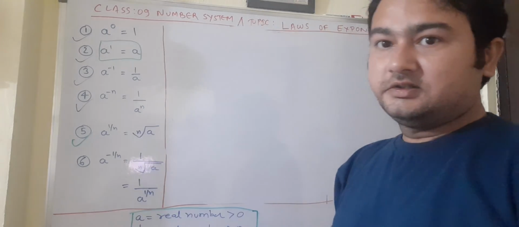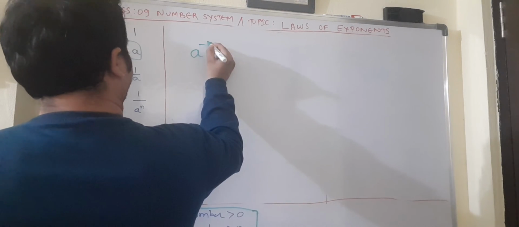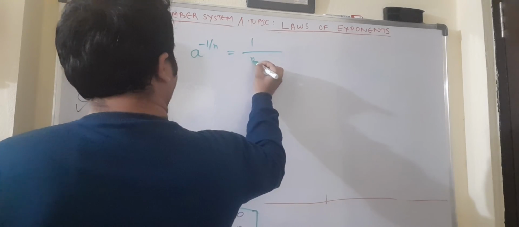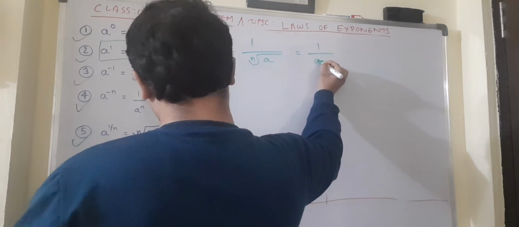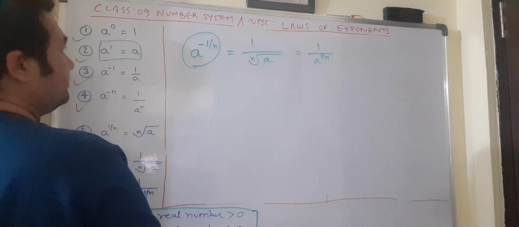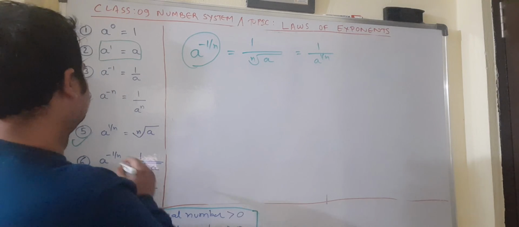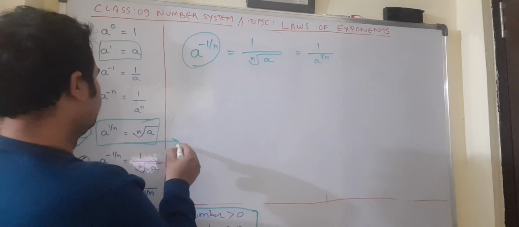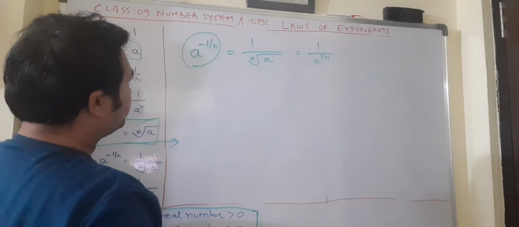Now the last law of exponent that is remaining: a raised to the power minus 1 by n equals 1 by nth root of a, or you can say 1 by a to the power 1 by n. See, this previous law of exponent will help you get to know about this.